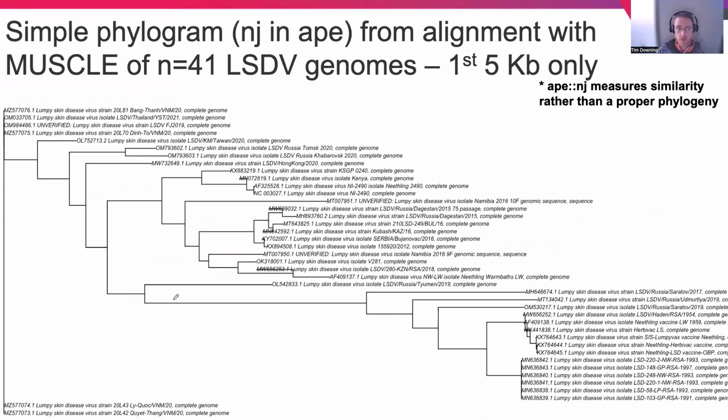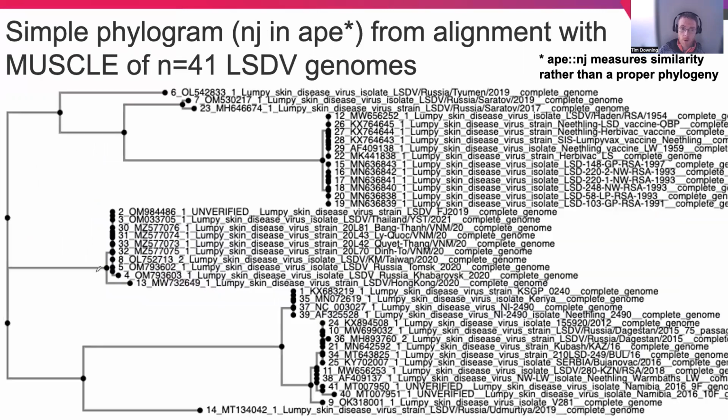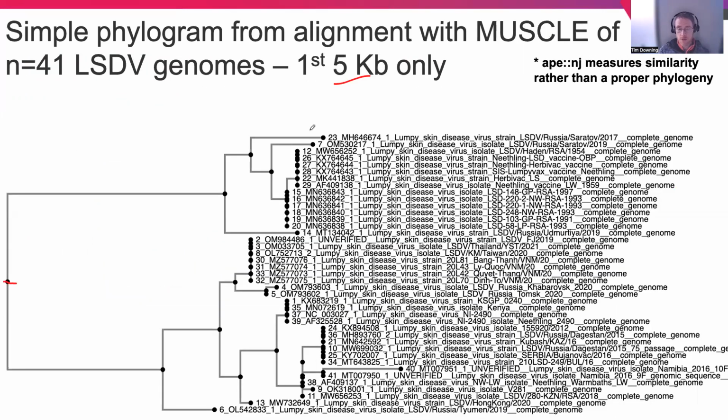You'll note that this tree is not rooted properly based on, say, midpoint rooting or outgroup rooting. It's simply by the order of sequences as they arrive in the FASTA file. If we did root it properly for the first 5 kb only, you get something like this, the midpoint root for the first 5 kb only, and you see there is some structure there, that there are definitely different groups, different clades.